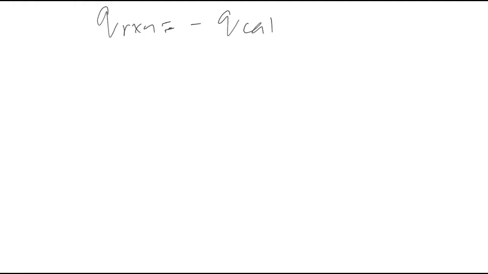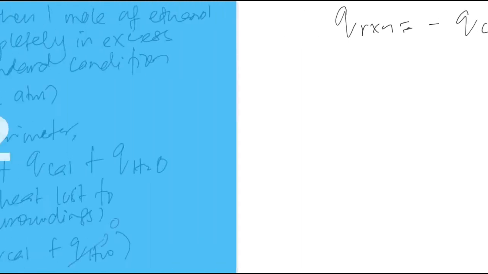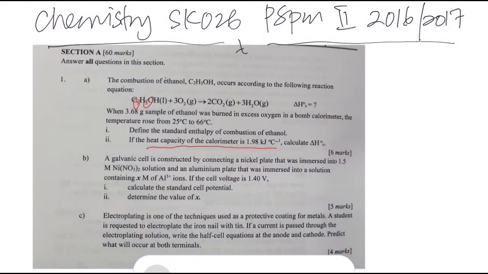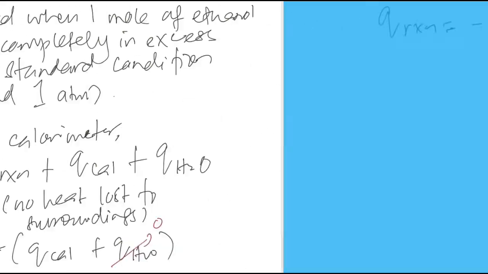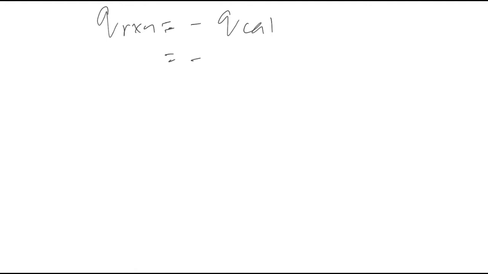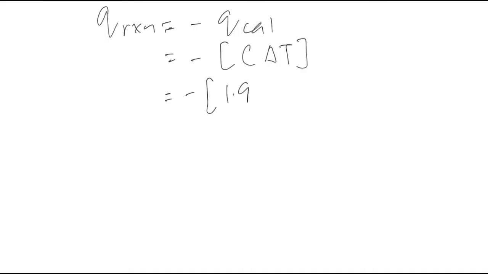Since the question gives us the heat capacity, that is the C capital, right? If you see here, the heat capacity refers to the capital C. So we are going to use the formula Q equals to negative C delta T. Okay, I'll use this formula. So the C will be 1.98.